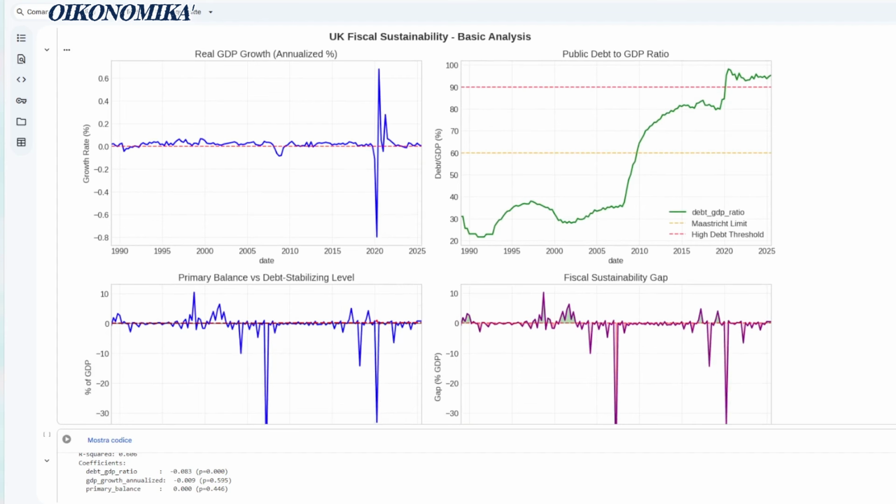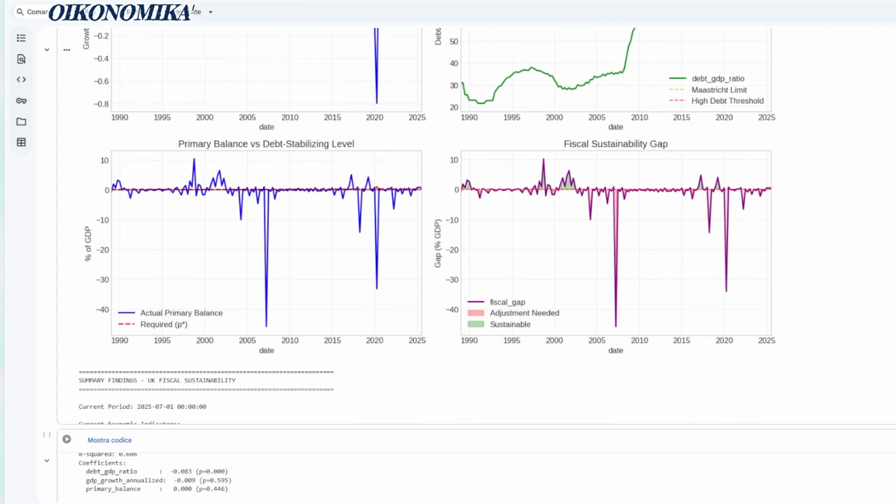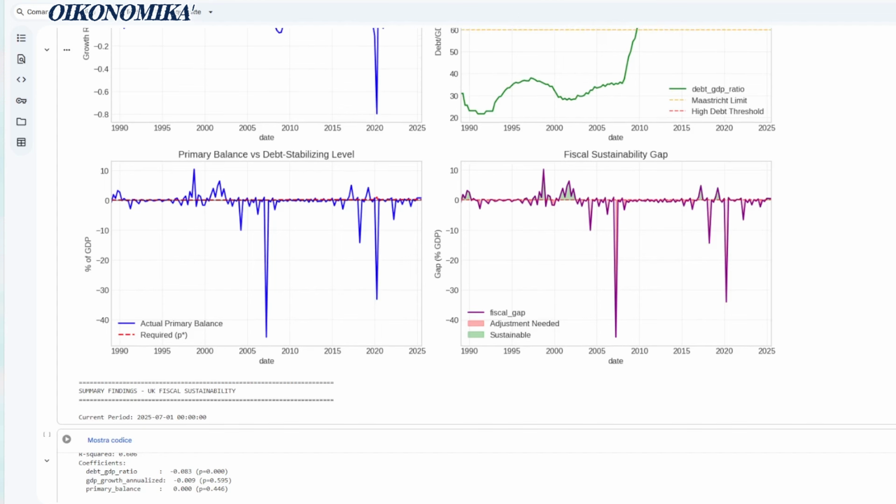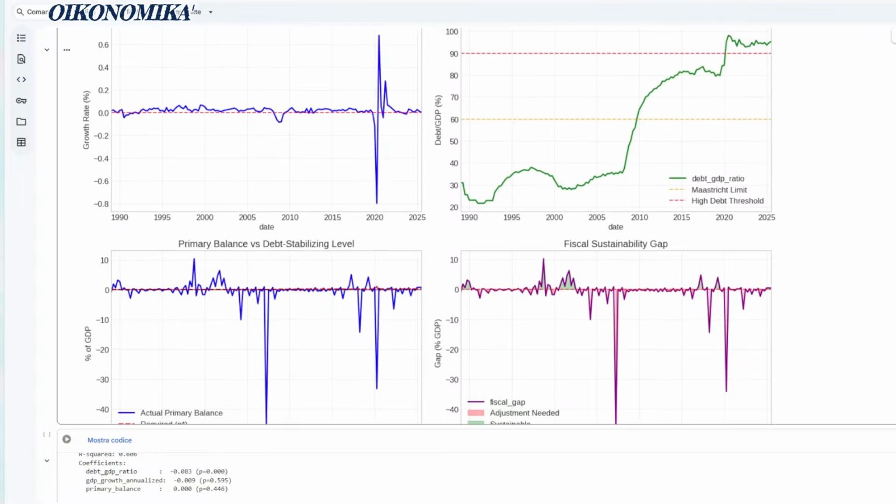So here we have measured how the primary balance works, cyclically adjusted, vis-a-vis some measure of debt stabilizing measures. And so it's probably what you would call the fiscal headroom or stuff like that.